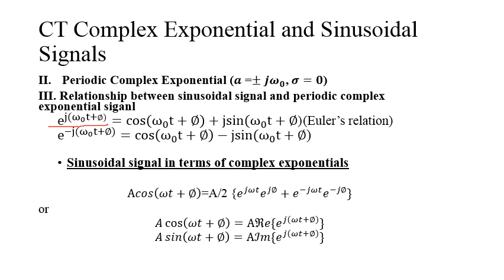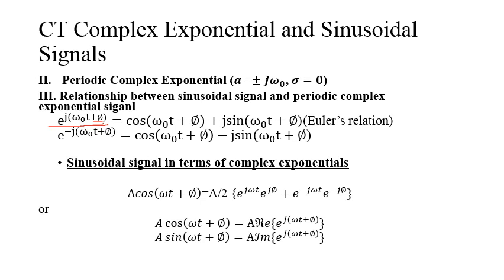The generalized expression is e power j omega naught t plus phi, where omega naught is the frequency and time is the independent variable, because we are dealing with the time domain. This phi is the phase of the periodic complex exponential signal.